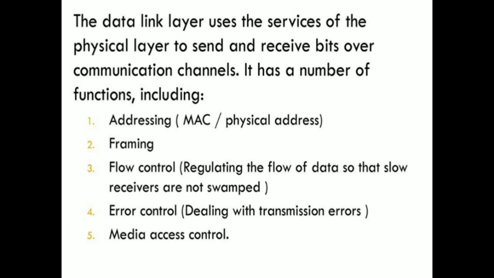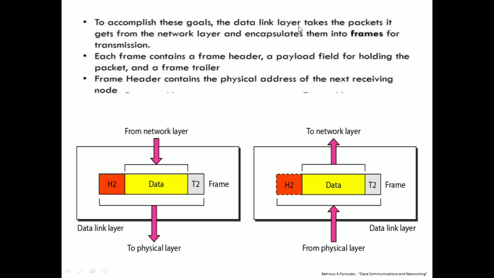In order to accomplish these goals, the data link layer takes the packets from the network layer and encapsulates these packets into frames. If you see here, each frame contains a frame header, a payload field, which is nothing but the original data, and a trailer.